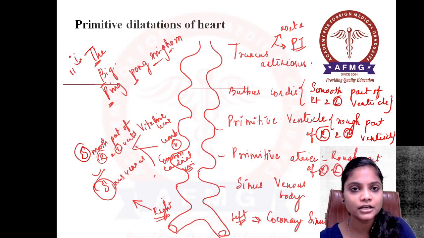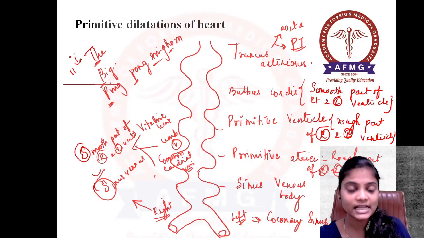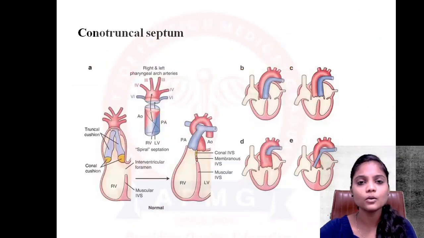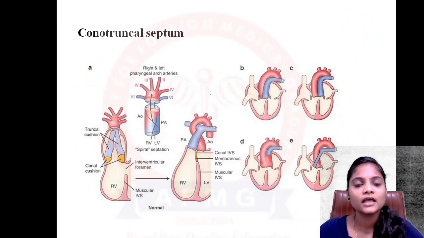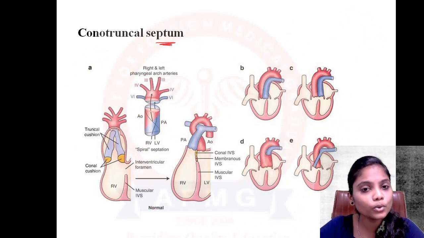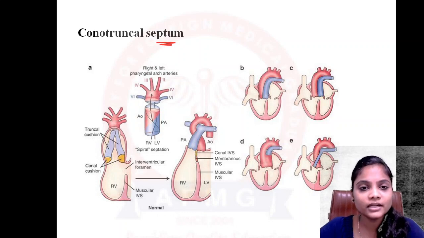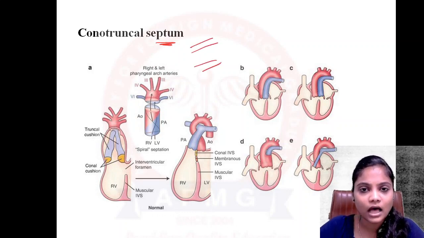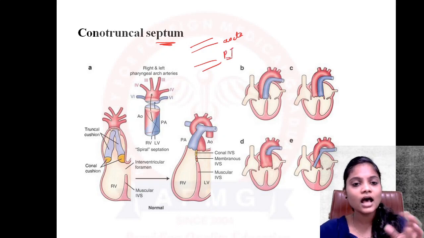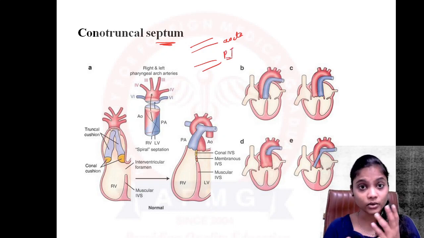The main truncus arteriosus, which is over there in the first dilatation, gives aorta and pulmonary trunk. Now coming to the next thing, there we have a kind of septum. What does this septum mean? Conotruncal septum. After giving branches to both the aorta and the pulmonary trunk, they make a spiral rotation.